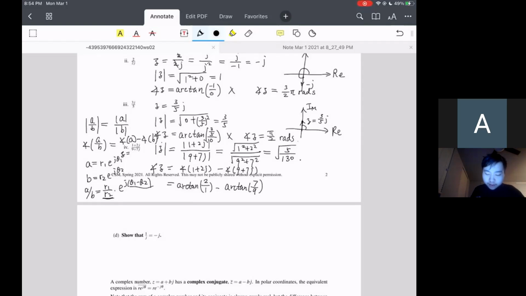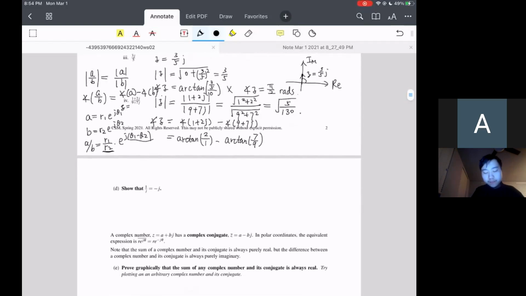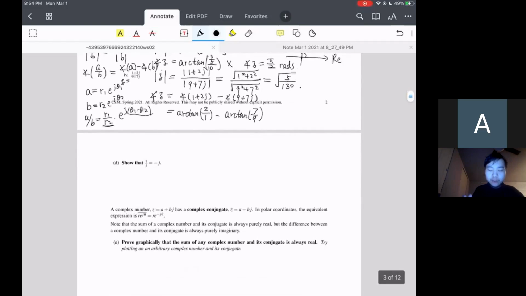All right, now we move on to part D, where we are asked to show that 1 over j is equal to negative j. This is something that is sort of intuitive, but it's not immediate if you aren't too familiar with complex numbers.